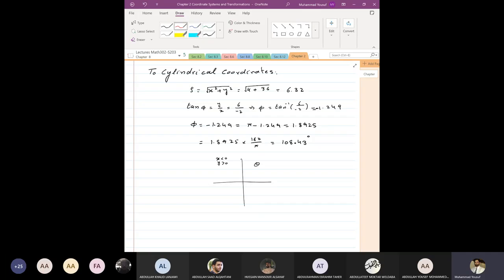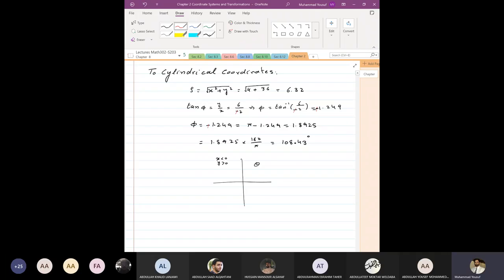Do not take the sign, without positive or negative, because the calculator does not know whether this negative sign is with x or with y. So without this, you get the answer. Do not take this sign.